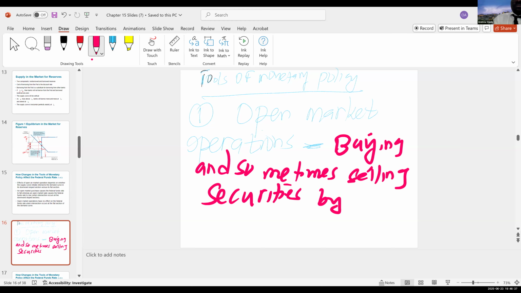I'm going to repeat chapter 14, but then we're going to show you in the graph. So suppose the Fed conducts a $100 billion bond purchase or securities purchase from banks.